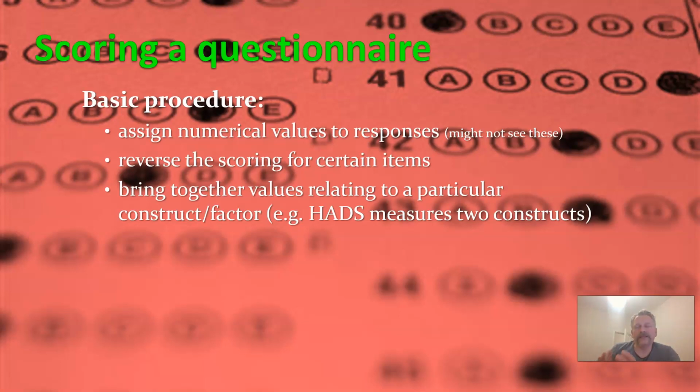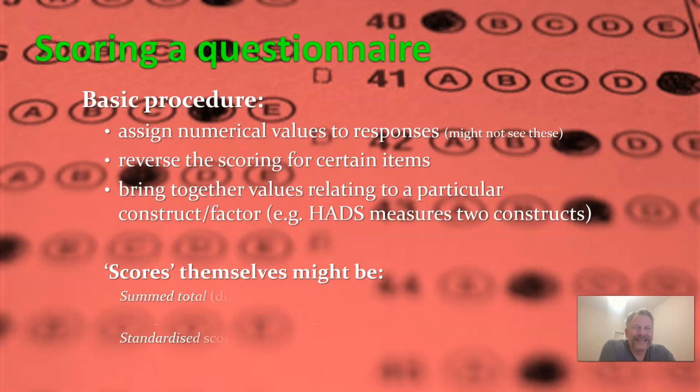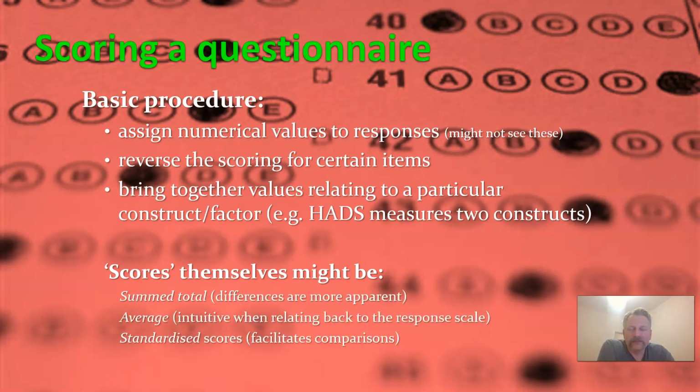Therefore, maybe we need a set of scores for the anxiety component and a set of scores for the depression component. Now, the scores themselves can take on a variety of forms. Typically, the thing that you'll come across the most is the summed total.